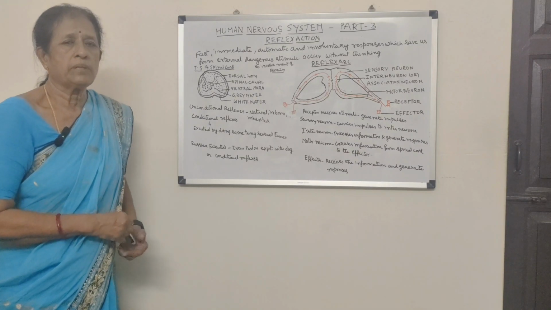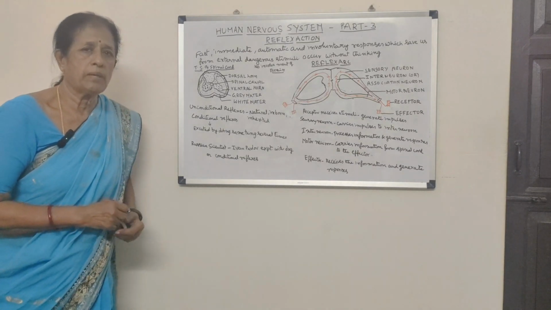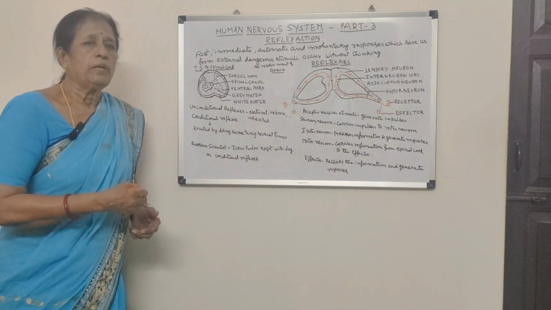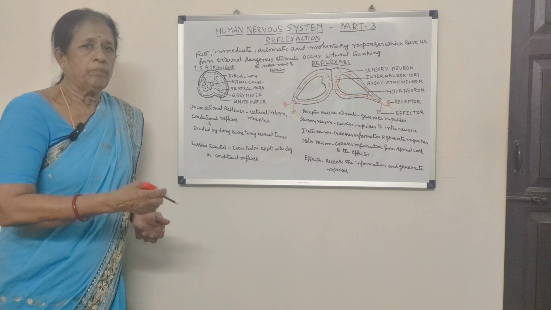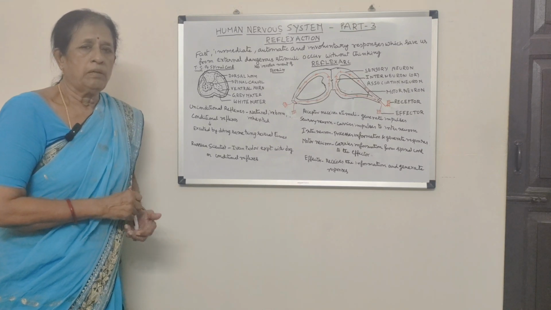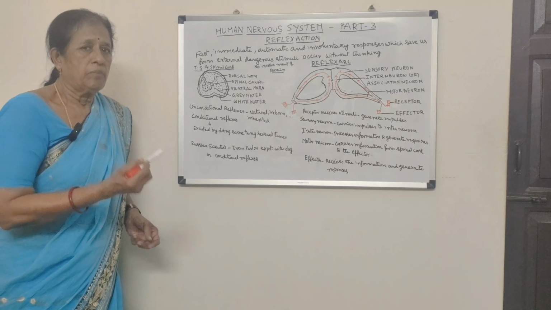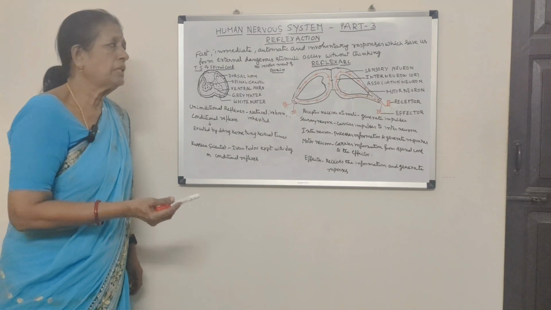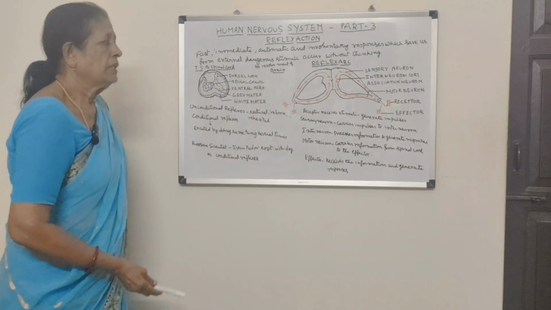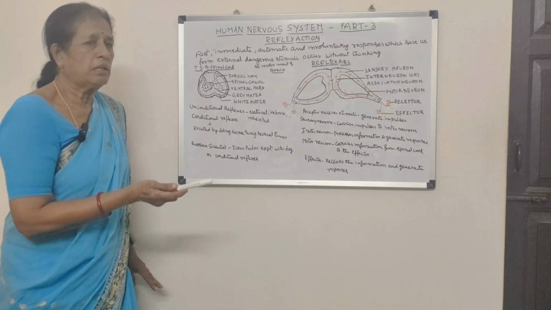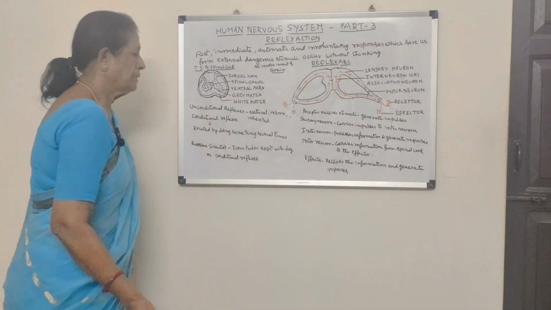If we come in contact with a hot object, immediately we take back our hand. If we come in contact with a sharp object, we take back our leg, and in the same way when we sneeze we close our eyes, without thinking. These are involuntary actions. There is no condition at all, so they are unconditional reflex actions.